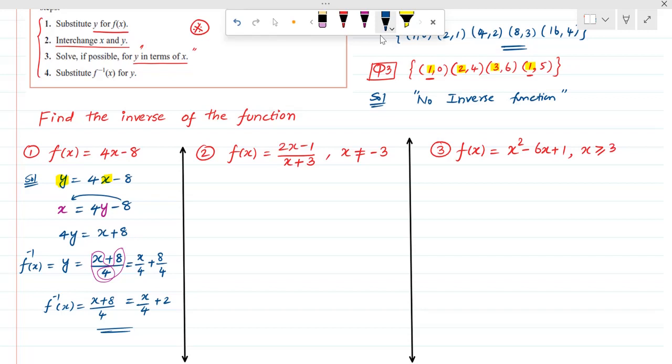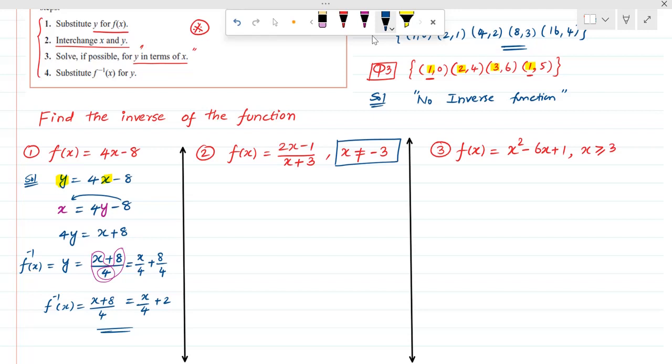Now the next one we will have with a restricted domain. In the last problem, we didn't have a restricted domain, so the domain was the whole real line. But here x is not allowed to be minus 3. X is not equal to minus 3. If I substitute x equals minus 3, it becomes undefined.